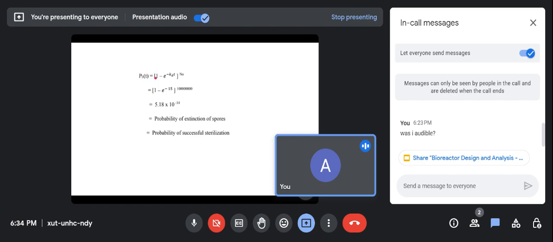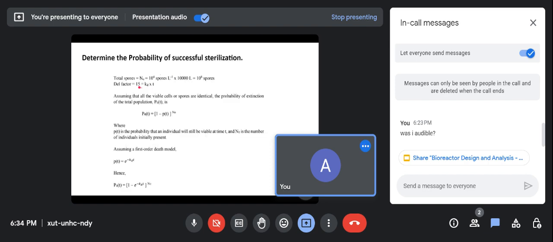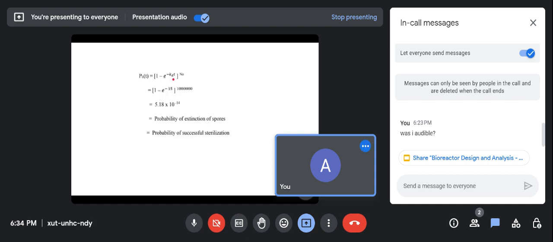So P naught T will be equal to (1 minus e to the power of minus kdt) to the power of N naught, and you know from here that kdt is 15, which is the del factor, and N naught is 10 to the power 8. Okay, so you get 5.18 into 10 to the power minus 14, which is the probability of extinction of spores, which is also the probability of successful sterilization.